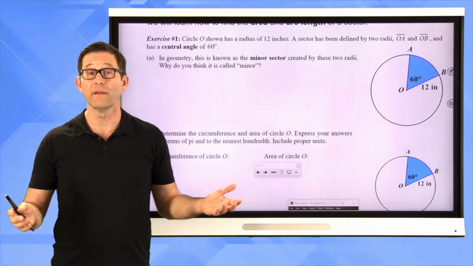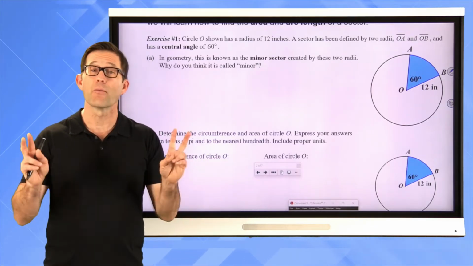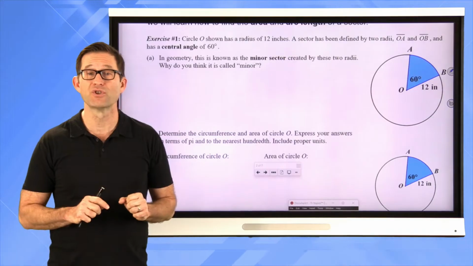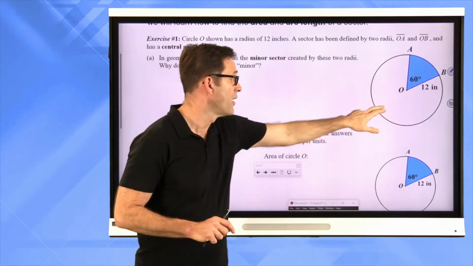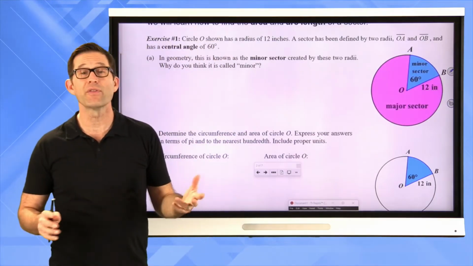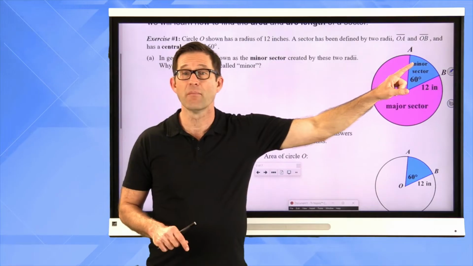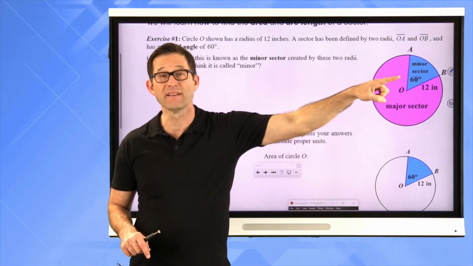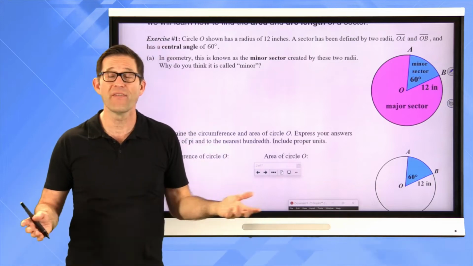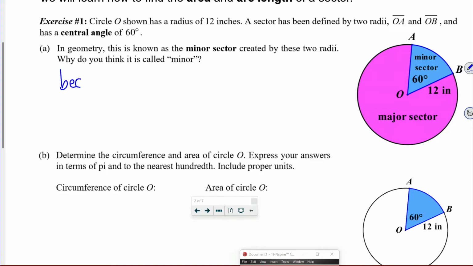Well, because in this circle, there are really two sections of the circle that are bounded by those two radii. There's the one in blue, which is the minor sector, and there's everything else, which would be called the major sector. Now, why is that the minor sector and that the major sector? Because it is less than half of a circle, right?